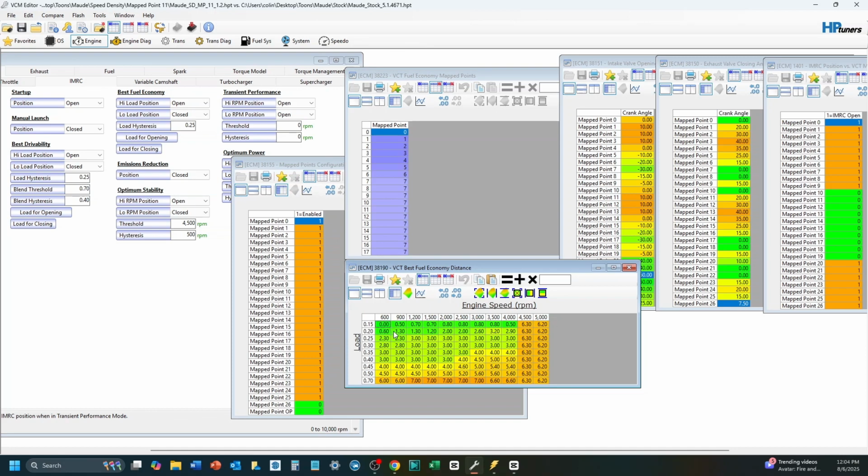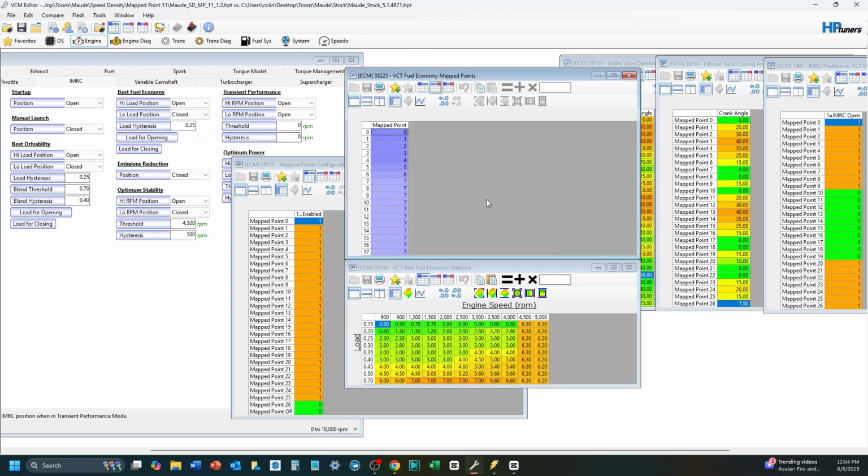You can see here it references values. It can go from 0, 2, 3, 5, 7, and those are all calling to the mapped points lookup table. For example, if I am in a relatively low load condition, say 0.2, and I'm at 2000 RPM, pretty low load, I'm going to look up the value of 2.